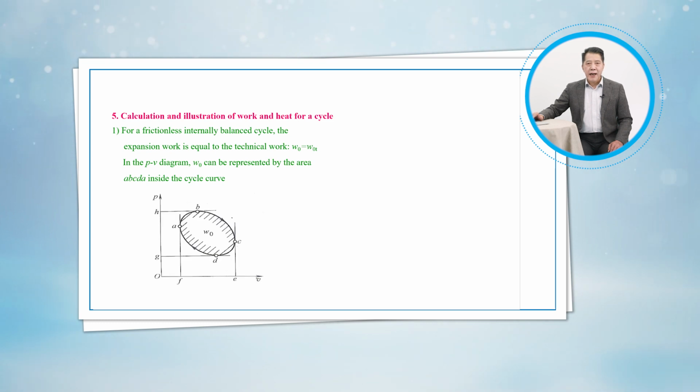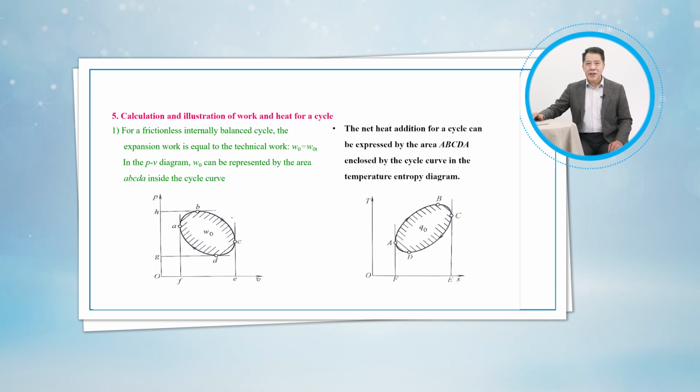In the PV diagram, the expansion work can be represented by the area bounded by the cycle curve. The net heat addition for a cycle can be expressed by the area enclosed by the cycle curve in the TS diagram.